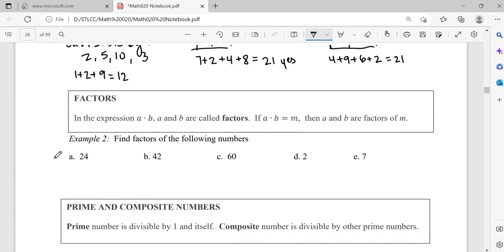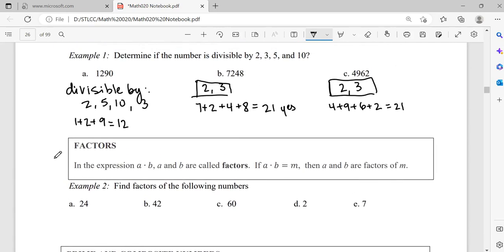All right. So why do we need divisibility? It's because we're going to be breaking big numbers into small numbers, into factors. When you multiply two numbers together and you get the product, the numbers being multiplied are called factors. So if a times b equals m, some number m, then a and b are factors of m.